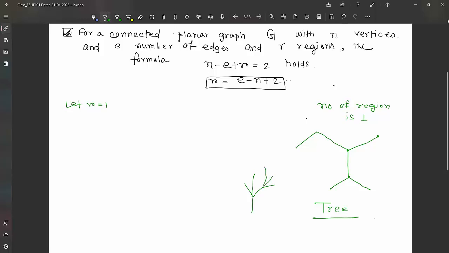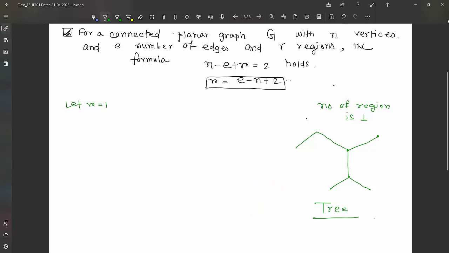Did you see this type of branches in the tree? No. So this is also one special type of graph where no cycles or circuits occur, and that's why this is one of the examples of a tree.